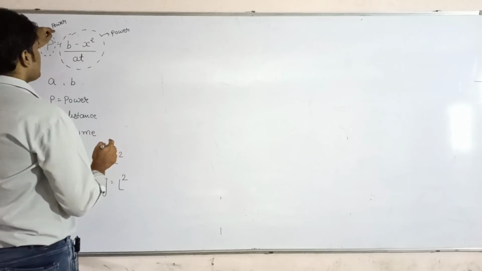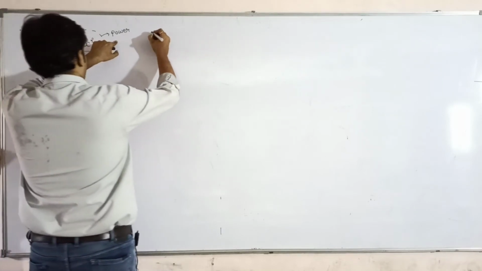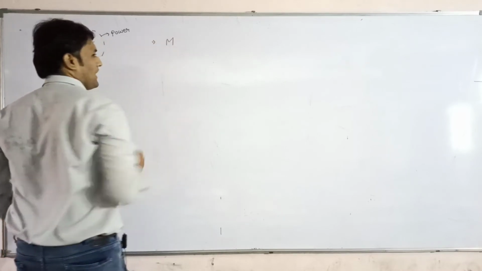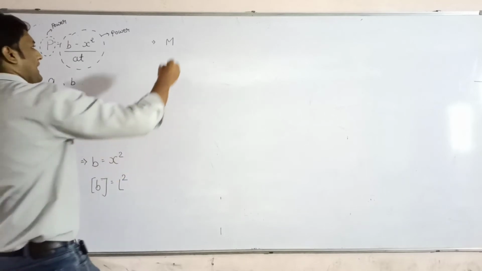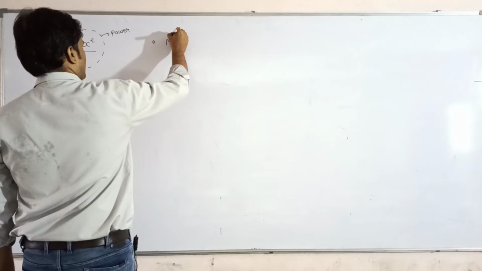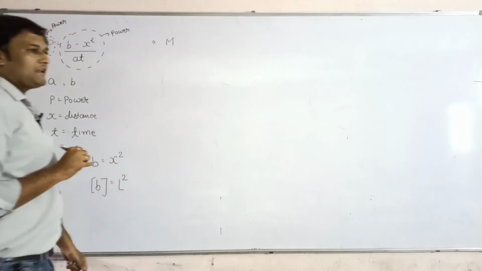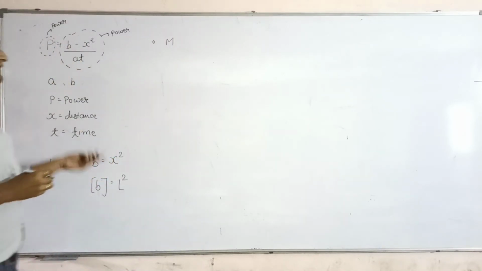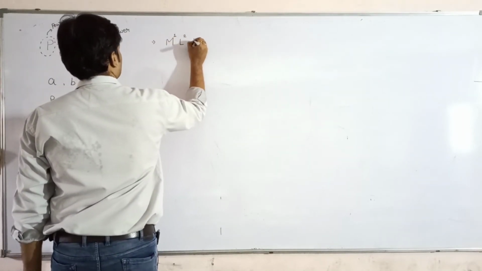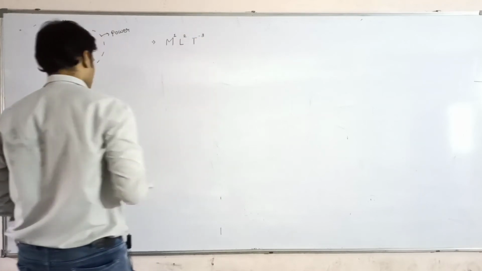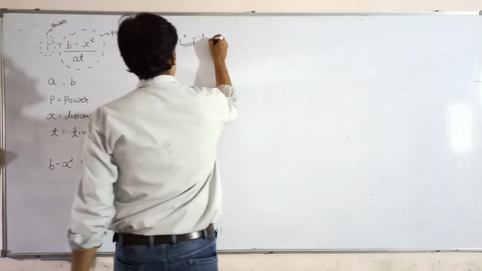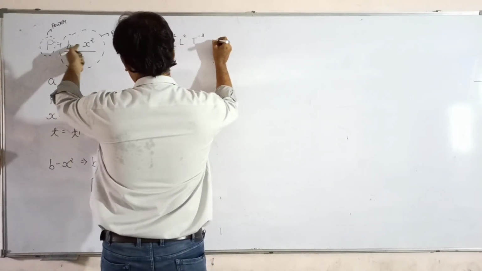Here we want to find out A t. So this term is pressure, this term is power. And what is the dimensional formula of power? Power is equal to energy per time. Energy is M1 L2 T minus 2 upon time T1, so M1 L2 T minus 3. And it is equal to B minus x square.